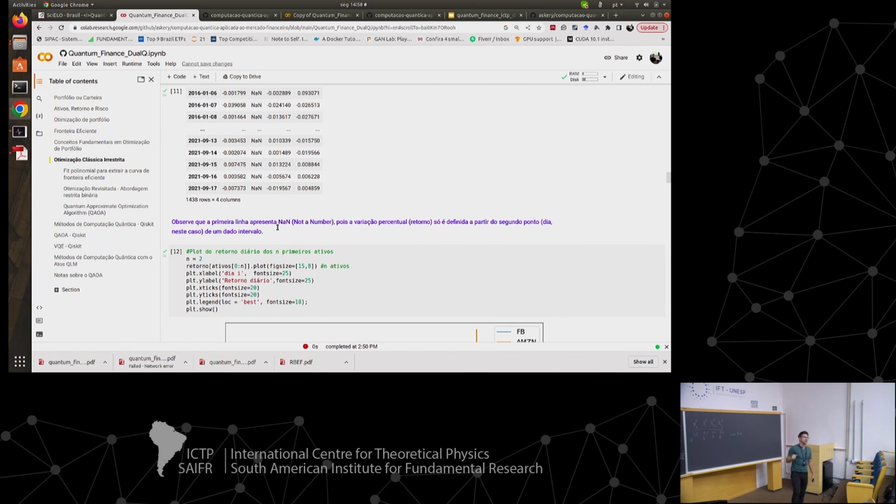That's the way they are selling it, and they are a big name in portfolio optimization nowadays. So in our case, it's a demonstration of QAOA implemented with circuits.